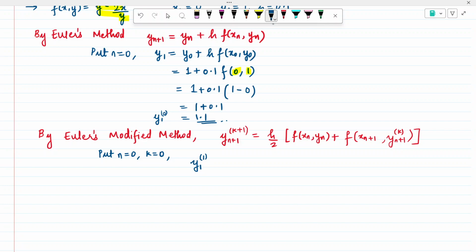K की जगह 0 डाला तो k plus 1 will become 0 plus 1. H by 2 as it is. F of x0, y0, n की जगह पे we put 0. F of n की जगह 0 डालोगे तो x1, y1 and k की जगह पे 0.